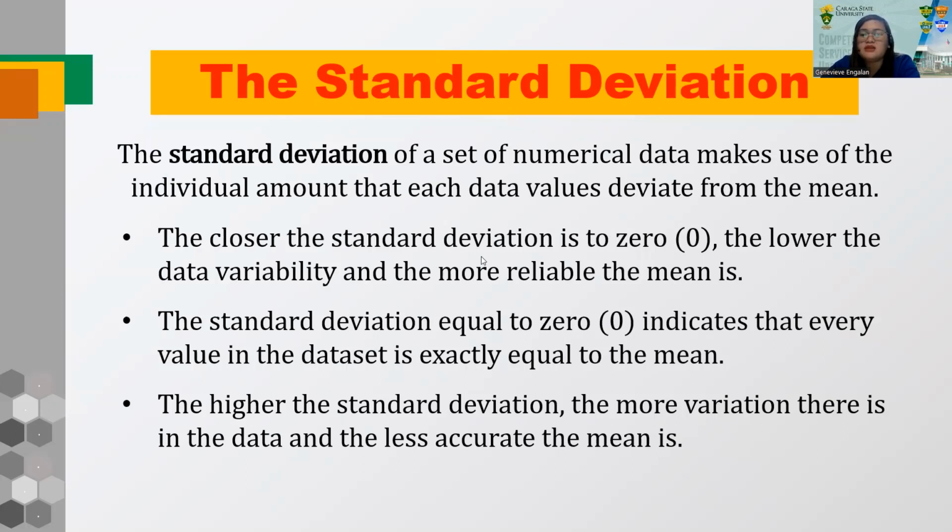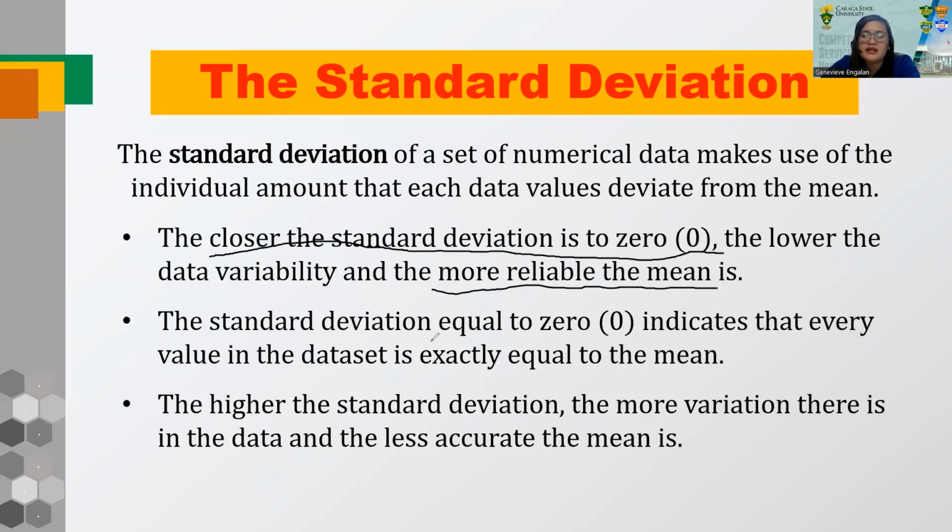So, pag closer atong standard deviation sa 0, meaning mas reliable ang ato ang mean. More reliable the mean is pag closer atong standard deviation to 0. Pasabot, pag mas gamay og standard deviation, mas reliable iyahang mean to represent the data.